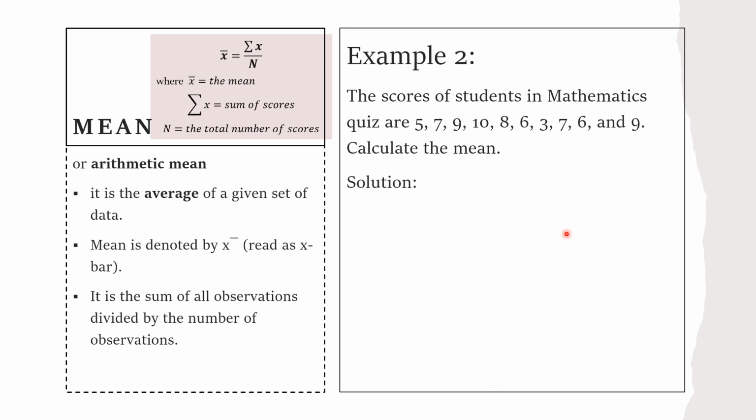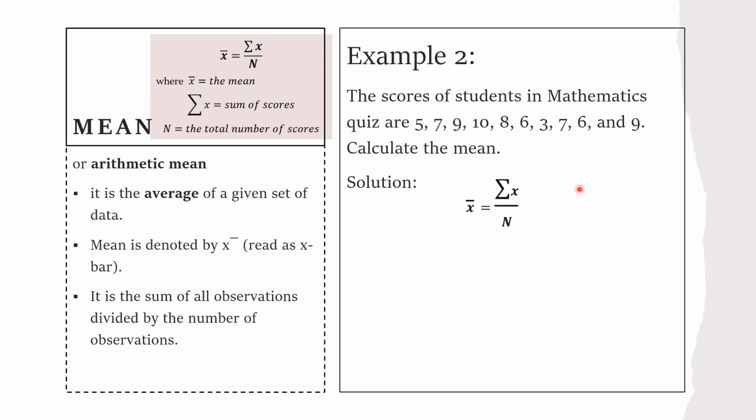Example 2. The scores of students in a mathematics quiz are 5, 7, 9, 10, 8, 6, 3, 7, 6, and 9. Calculate the mean. So how many scores are there? 1, 2, 3, 4, 5, 6, 7, 8, 9, 10.